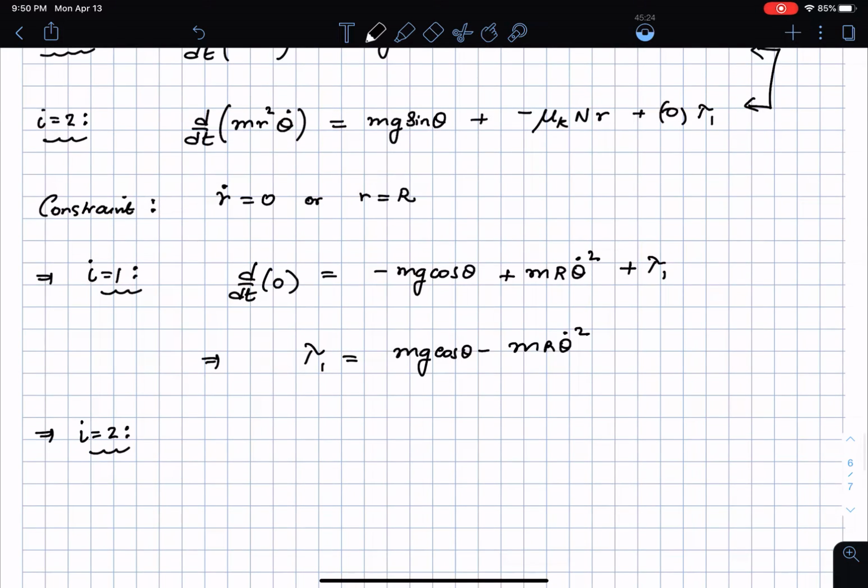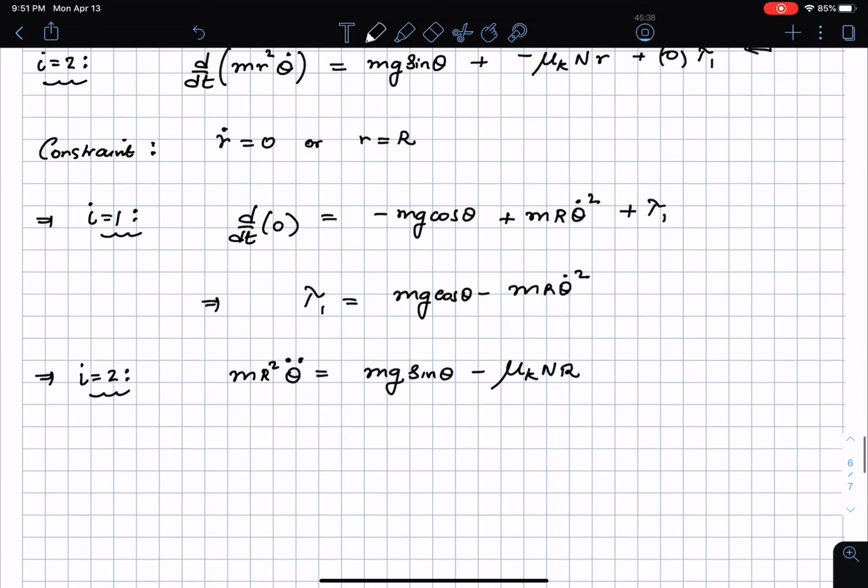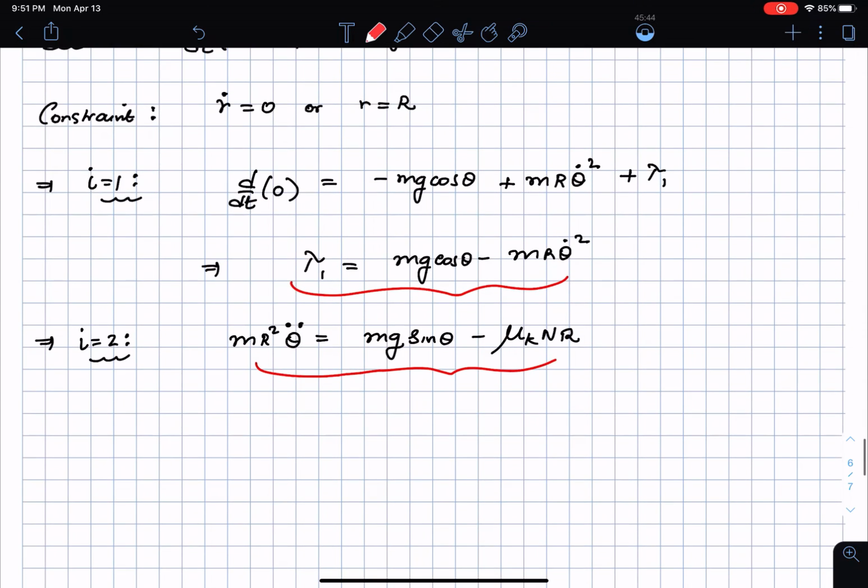Okay, and then if I do i equal to 2, it's going to be d by dt of m r squared theta dot, so that's going to be m r squared theta double dot is equal to mg sine theta minus mu k times N times capital R. Okay, so I have two things here. This is the first one and this is the second one, and obviously you can see that the second one is going to be the equation of motion.